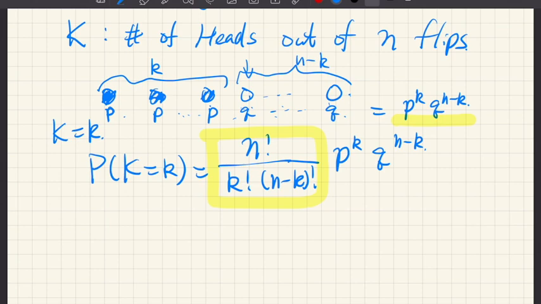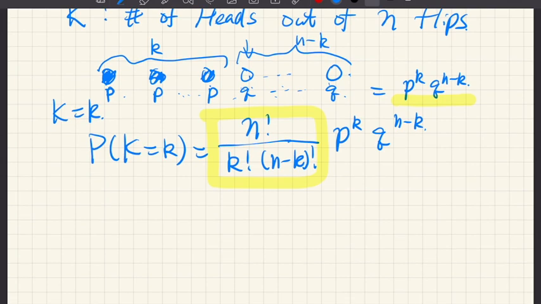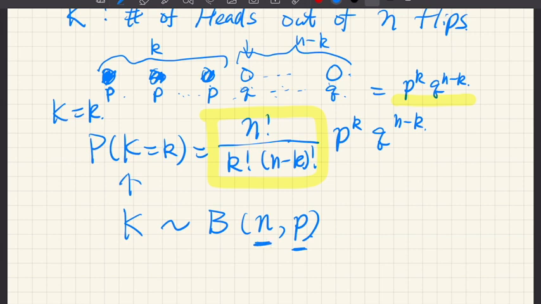Okay, so we say this random variable k follows a binomial distribution, and we write binomial distribution with parameters n and p. Okay, in this case there are two parameters. p is the probability of getting a head in one flip, and n is the number of flips in total.